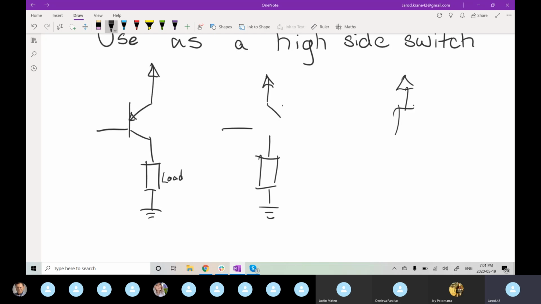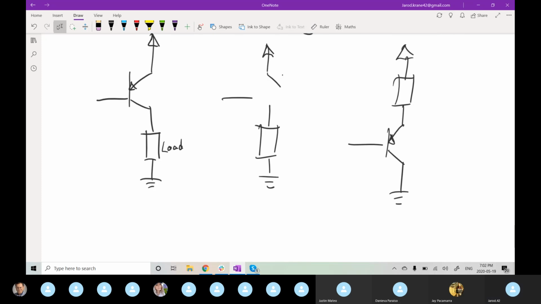Yeah, can somebody tell me why we wouldn't be using it as a low side? Somebody.